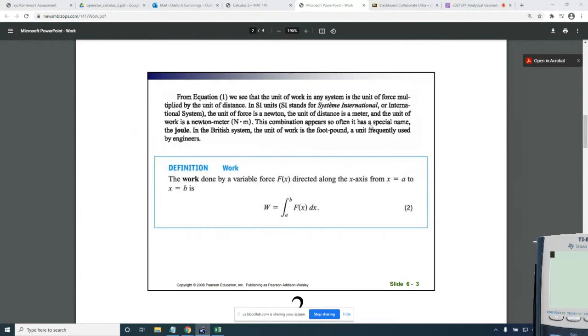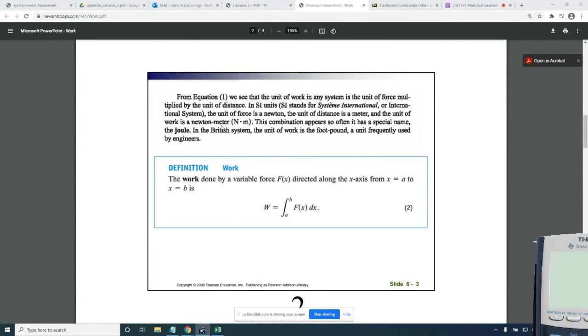Work in SI units has the unit Newton meter. So whenever you are working with work, that unit in the SI system is Newton meter, which has a special name called the joule. In the British system, the unit of work is foot pound.